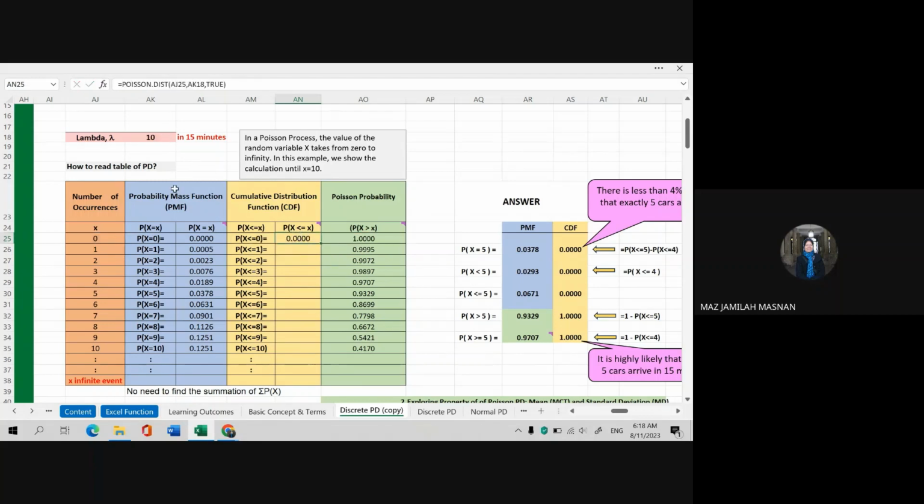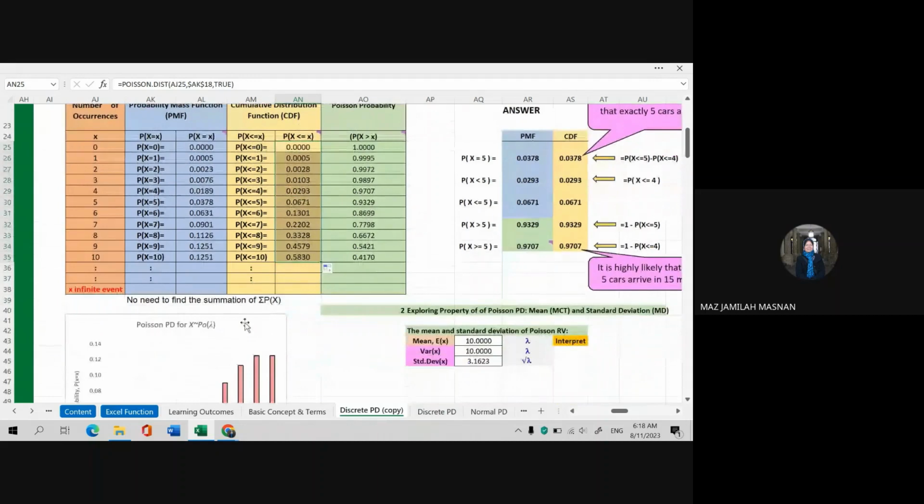Again, lock the location of our mean. So put $ sign before A and after K, and then enter. Then only you can drag down. So just to show you that you don't have to find the summation of the PMF, like we did in binomial. If you add, you can get 1.